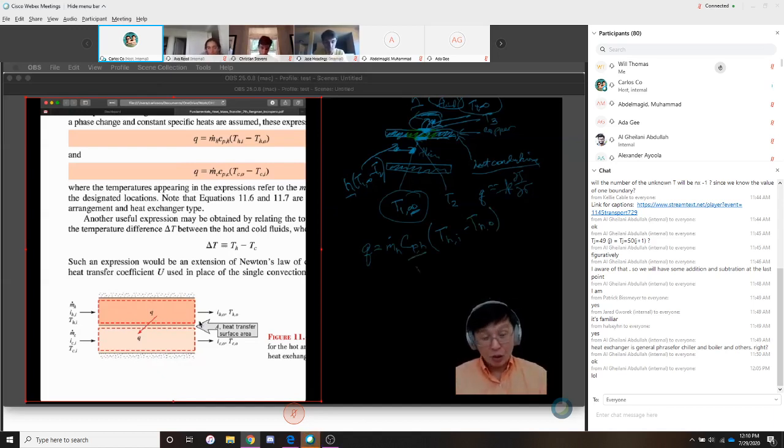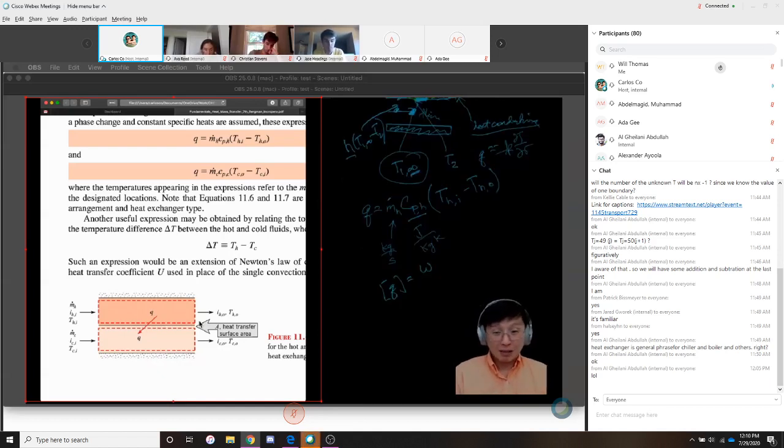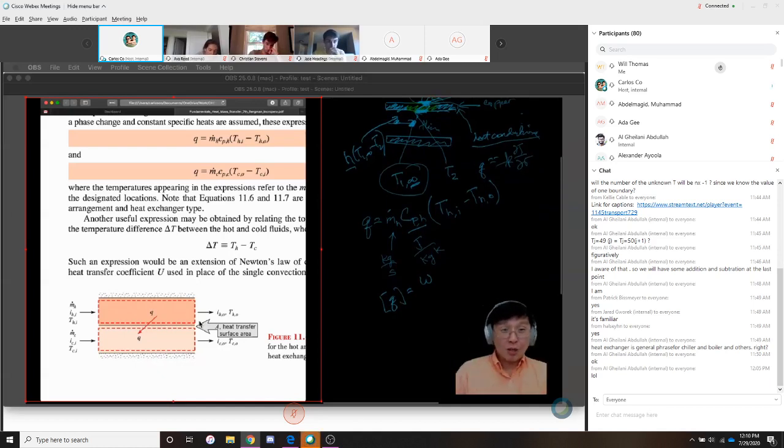So this is units of, let's say, joules per kilogram Kelvin. And this mass flow rate will have units of kilograms per second, right? So the units of your Q is going to have units of what? It's going to have units of watts, right? It's the amount of thermal power that you could transfer between the hot stream and the cold stream.